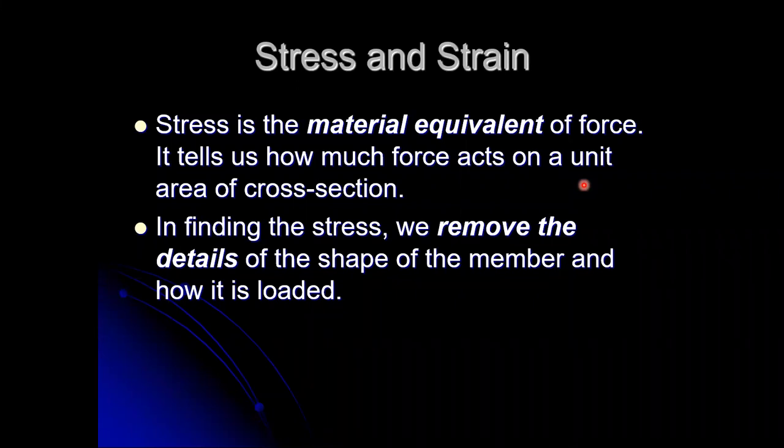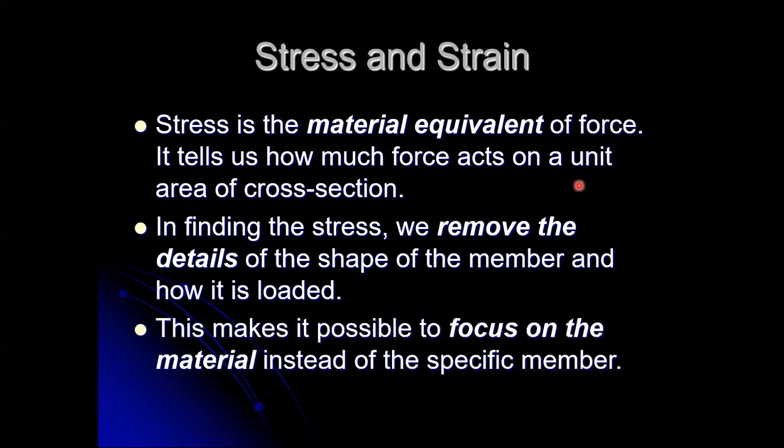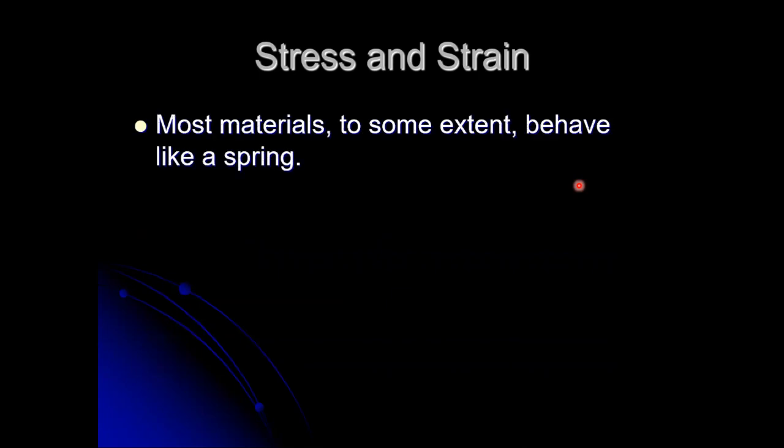All that matters is what the stress is. So the stress captures a lot of information and digests it down for us into one number that we can then use for a lot of purposes. So that's the basic idea here with stress. It makes it possible to just focus on the material rather than the specific details of any particular member. So that's the idea behind stress.